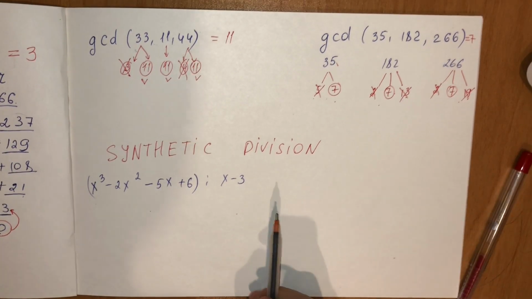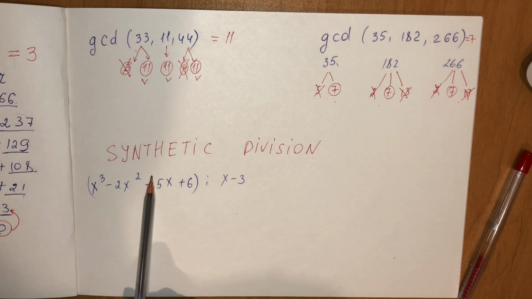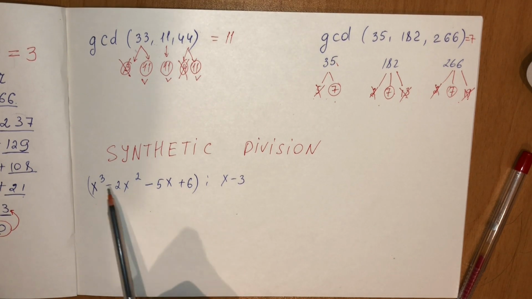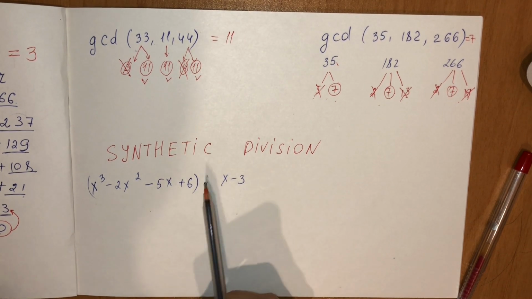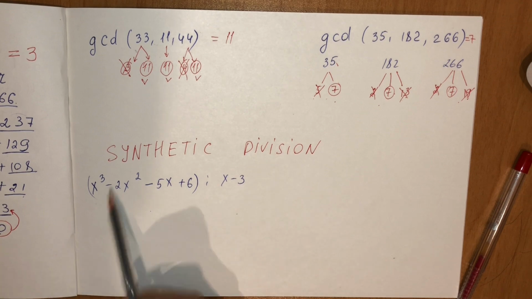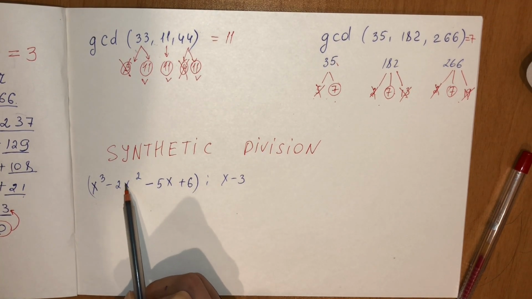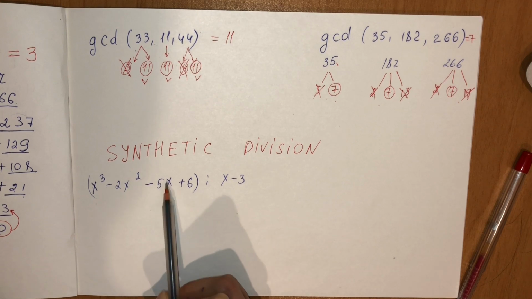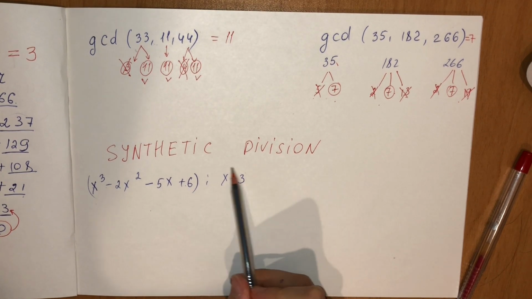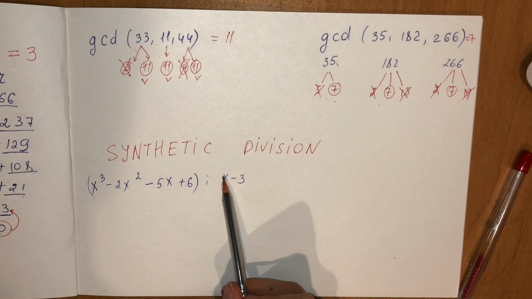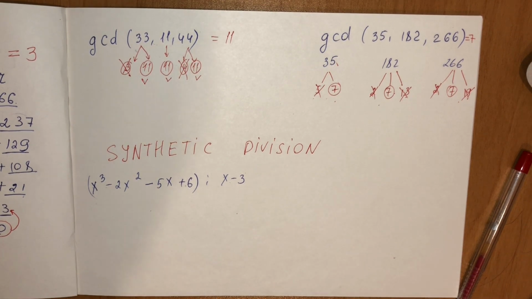And the next example is synthetic division. Here we have two polynomials and we should divide them. Our numerator is x cubed minus 2 times x squared minus 5 times x plus 6, and we should divide it by x minus 3.